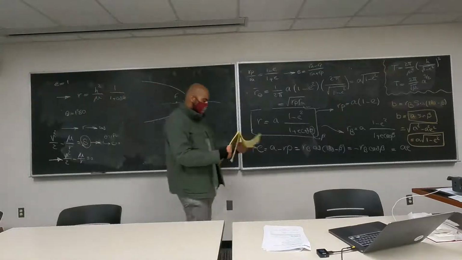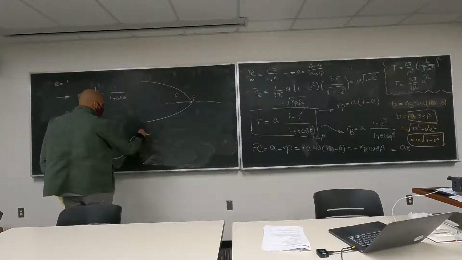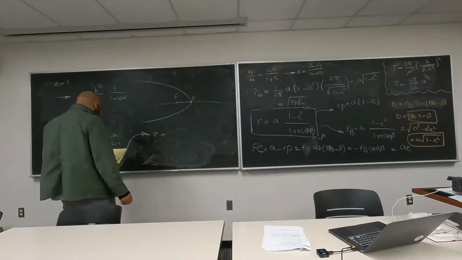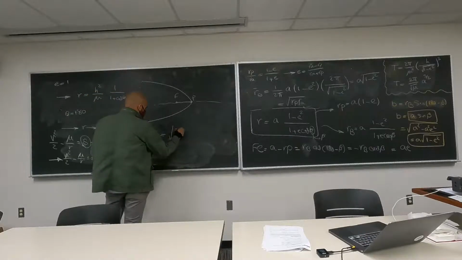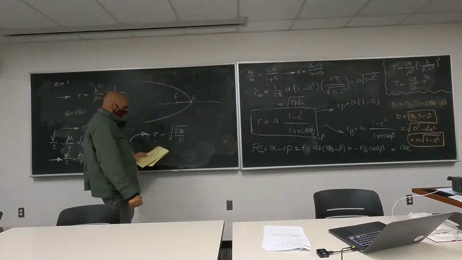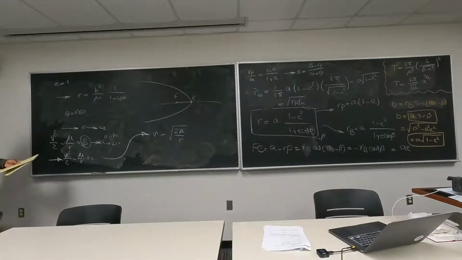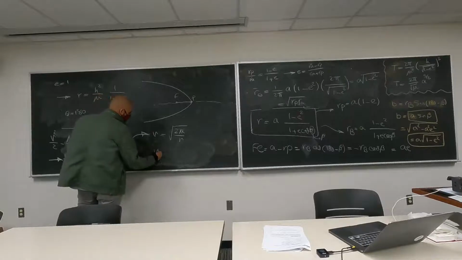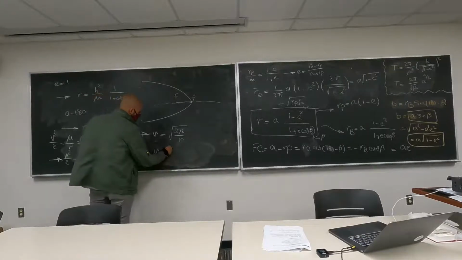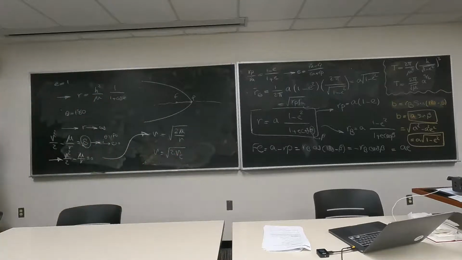So using this, we can find the velocity for a parabolic trajectory, which is equal to the square root of 2 mu divided by r. If you recall, the circular velocity was the square root of mu divided by r, which means that v of a parabolic trajectory is the square root of 2 times vc, the circular orbit velocity.